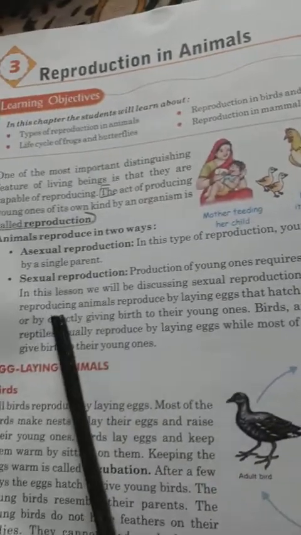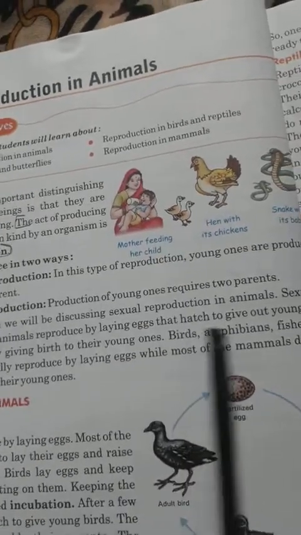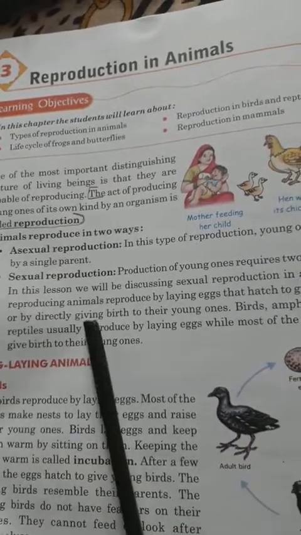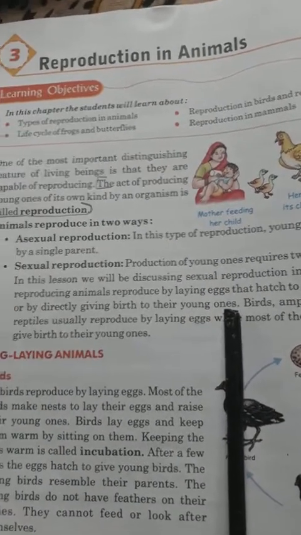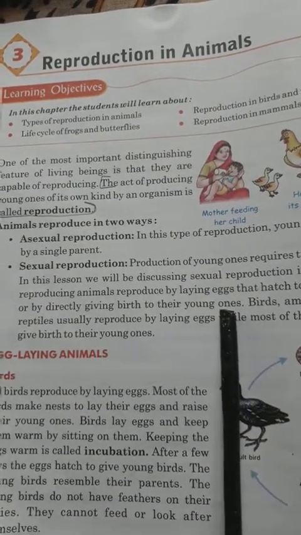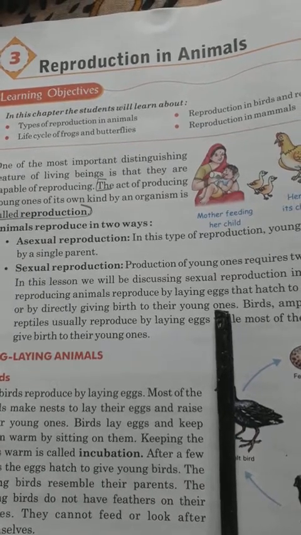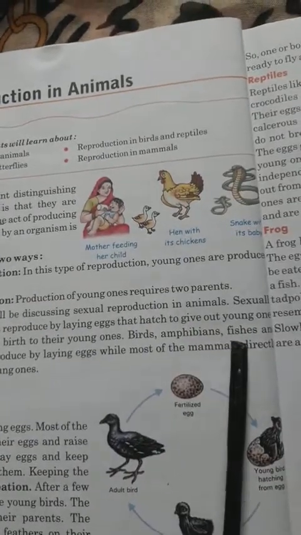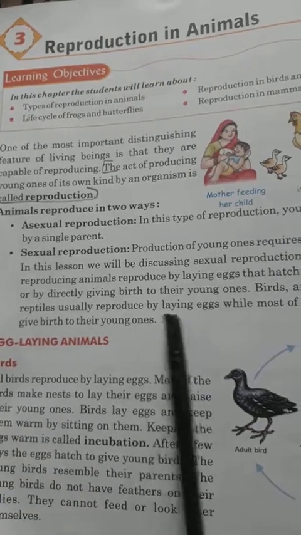Sexually reproducing animals reproduce by laying eggs that hatch to give out young ones or by directly giving birth to their young ones. That means sexual reproduction means animals which produce their young ones by laying the eggs. Okay? Birds, amphibians, fishes, and reptiles usually reproduce by laying eggs.